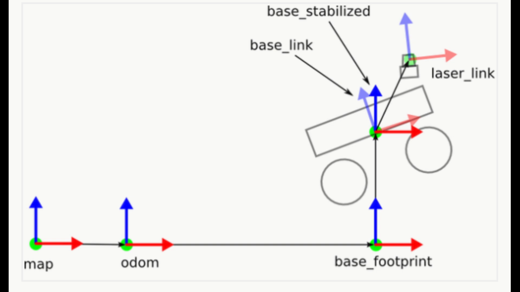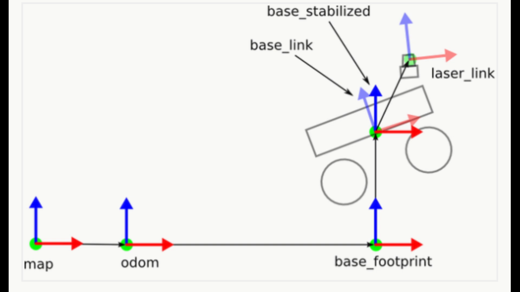Think of the odom frame like the odometer on your car that measures the distance the car has traveled from some starting point, maybe the car factory. So the odom frame in Nav2 keeps track of the robot's position and orientation relative to its starting position and orientation. The data from the odom frame is usually based on wheel encoders or other sensors.